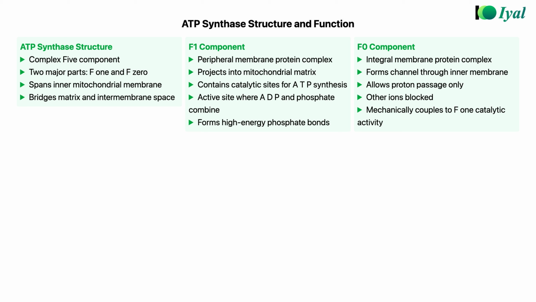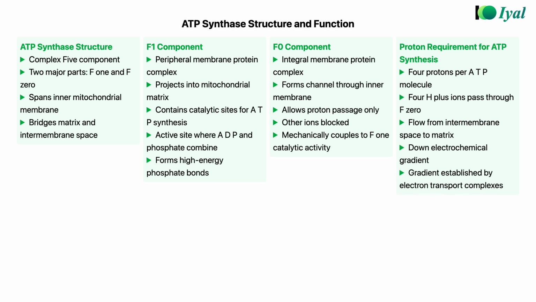Proton flow drives rotation. Rotation drives ATP synthesis. Mechanical coupling. How many protons must flow to make 1 ATP? 4. 4 protons must pass through F0 from the intermembrane space into the matrix for each 1 ATP made. These protons flow down the gradient from high concentration outside to low concentration inside.